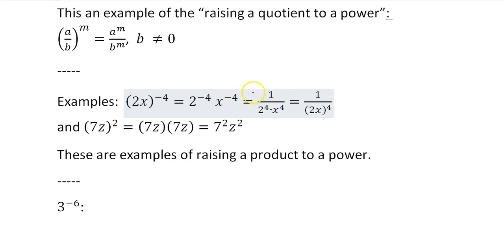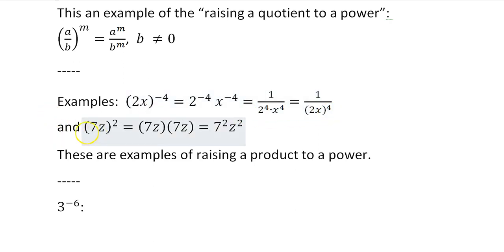If you stop and think about it, that's exactly the same as saying I have 1 over, I'm sorry, I should have said negative 4 is up here. 1 over 2 to the 4 times x to the 4th, which when you think about it is the same. This and this are exactly the same. These are all the same, really.